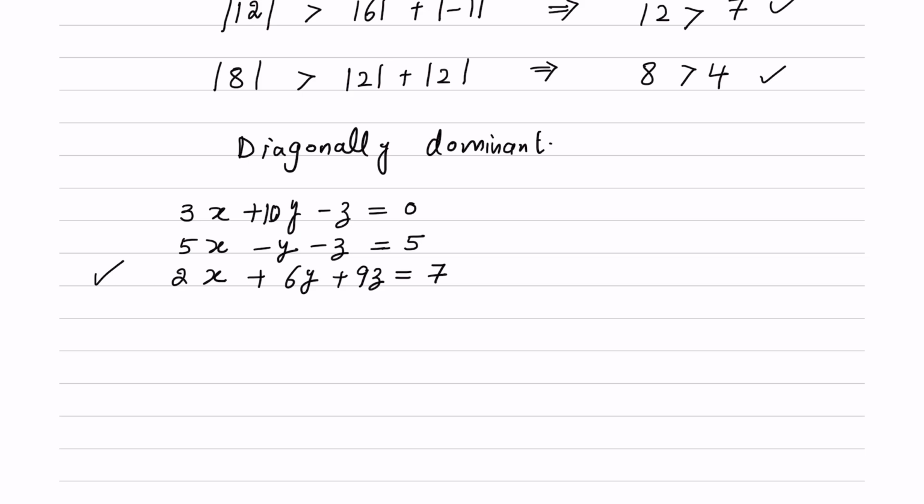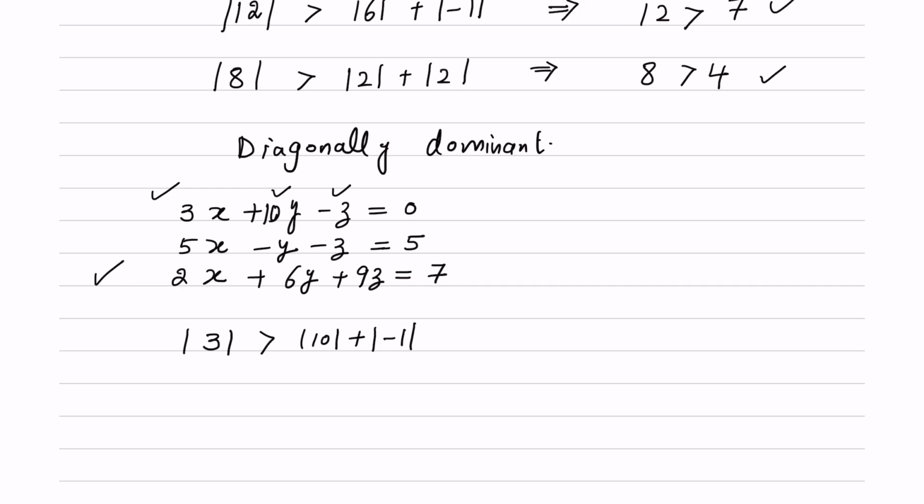So in the first equation, the diagonal element along with the variable x is 3. Its absolute value should be greater than the absolute sum of the rest of the two coefficients in that same equation. So we can see that in the first equation, the diagonal coefficient is 3 and the other two coefficients are 10 and minus 1. So that's the first condition.